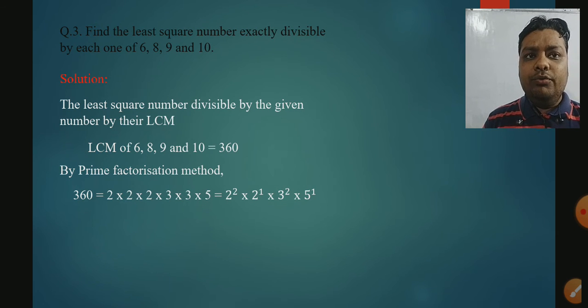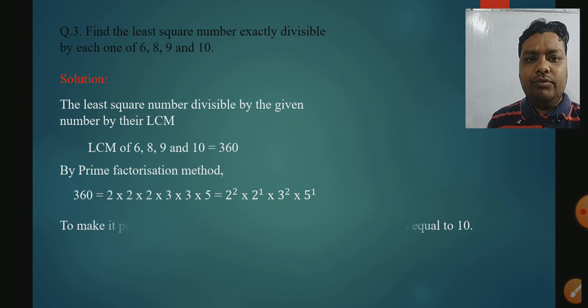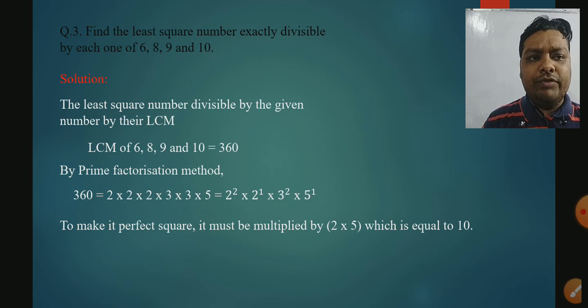Okay, so to make it a perfect square, we have to multiply this number with one more 2 and one more 5. It means 2 into 5, that is 10.